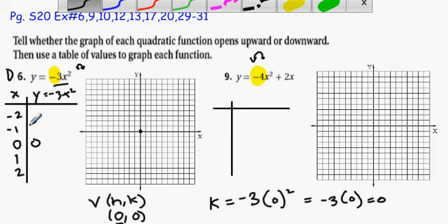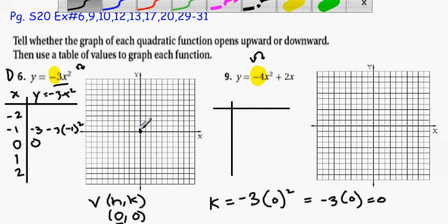Okay. Now if I replace x with negative 1, here I'm going to have negative 3 times negative 1 squared. Using our order of operations, we do the square first. So negative 1 times negative 1 is 1, and 1 times negative 3 is negative 3. So when x is negative 1, y is negative 3.